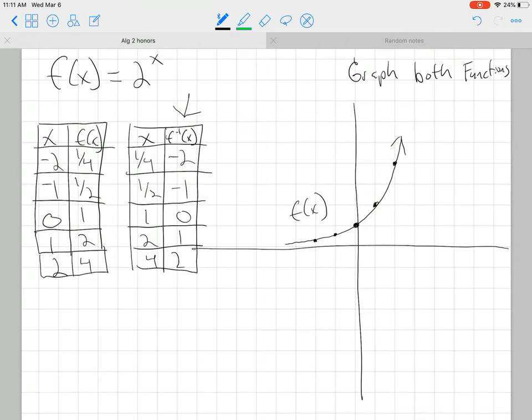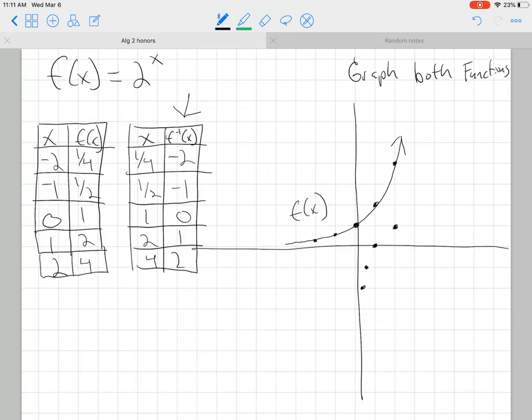Now I'm going to graph the inverse. So now, when x is 1/4, y is -2. So that's here. When x is 1/2, y is -1, about here. When x is 1, y is 0, about right here. When x is 2, y is 1, about right here.